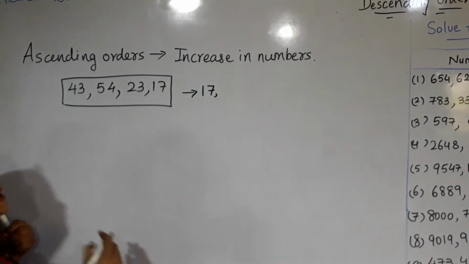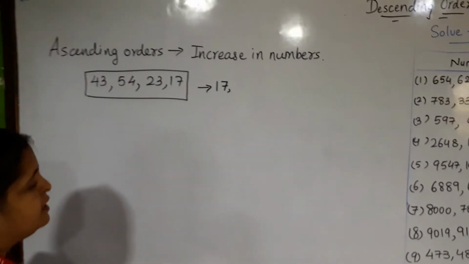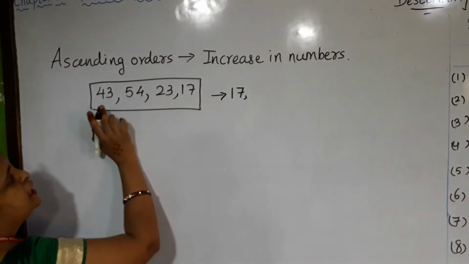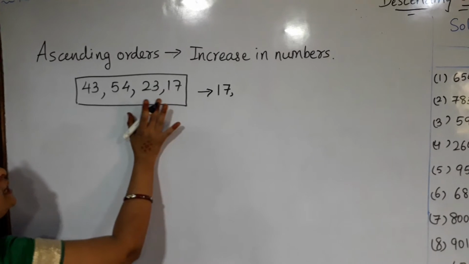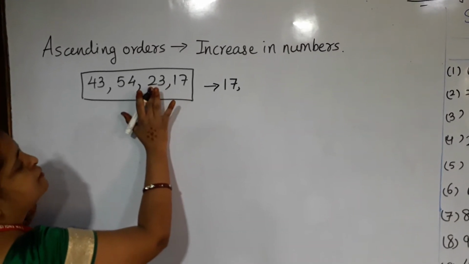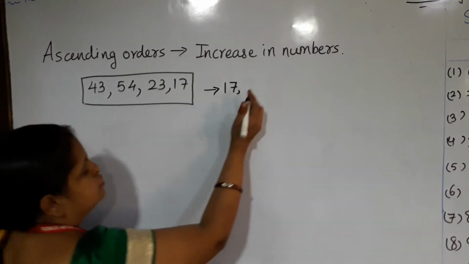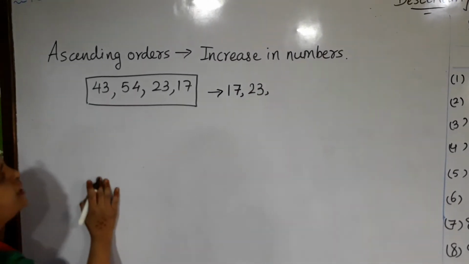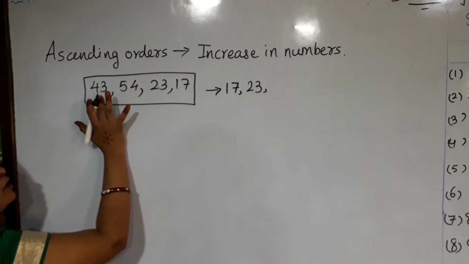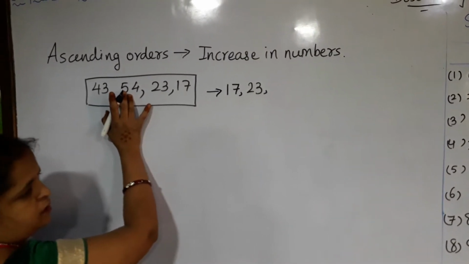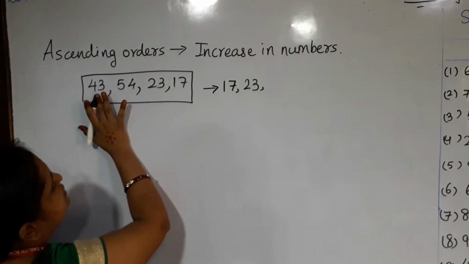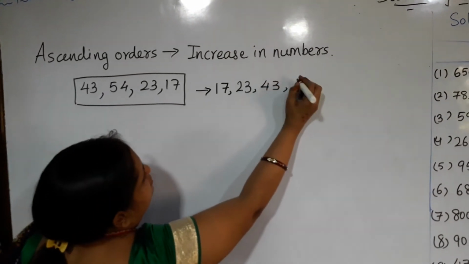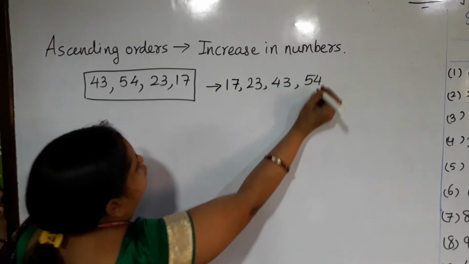Now increase in numbers से बड़ा वाला नंबर अपने को देखना है. 17 से बड़ा कौन सा है? यहाँ पे देखो तीनों नंबर 17 से बड़े हैं, लेकिन 17 के बाद कौन सा नंबर बड़े में आता है? तो 23. So we will write here 23. After 23, two numbers are there, 43 and 54. So we will write the smaller number first, that is 43, and then we will write 54.